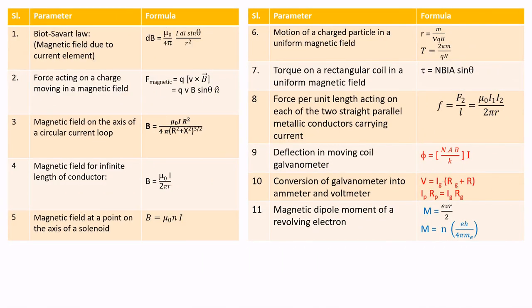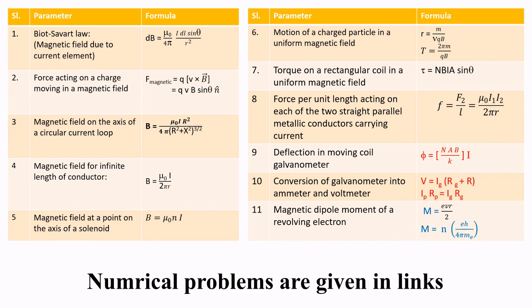Having studied the question and answer session of chapter number 4, let us recapitulate all the formulae which we have learned in this chapter. Formula number 1, Biot-Savart law, which states magnetic field due to current element.